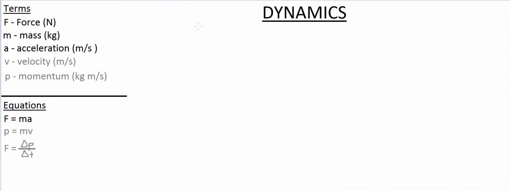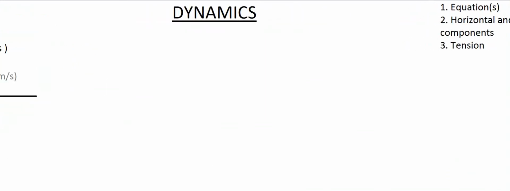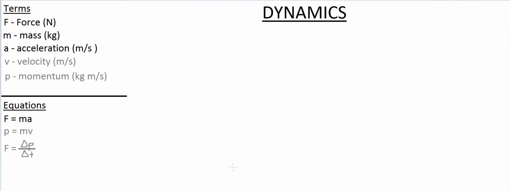So the next topic is horizontal and vertical components. Take note, this is a disclaimer: this is not a proper name. It's just the name I gave to this topic to explain what it's about. So basically, let's say you have an object moving on a floor, a ground.